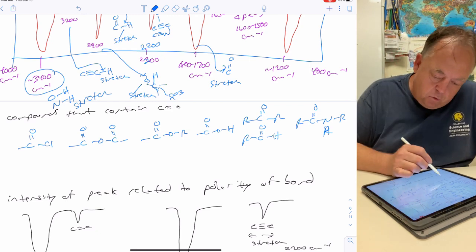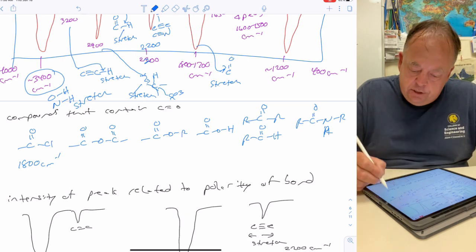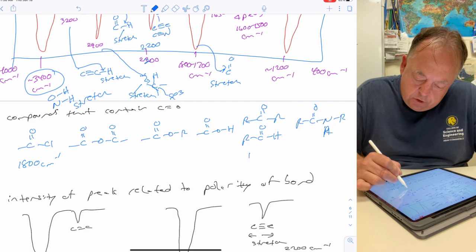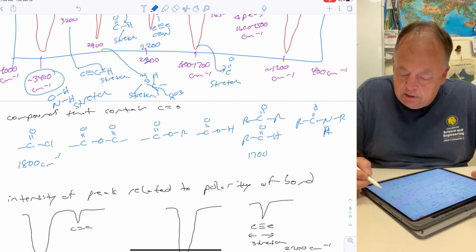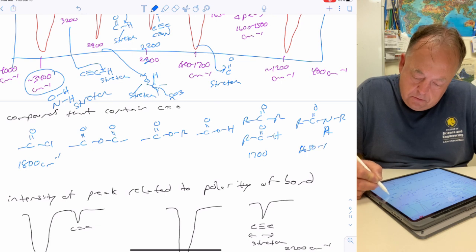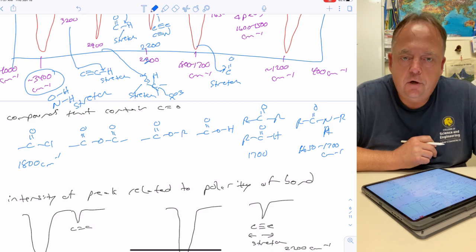And this is about the order that they come in. So the acid chlorides are around the 1800 region, down to amides. So aldehydes and ketones are around 1700, and amides are actually a little bit lower than that, around 1650 to 1700.